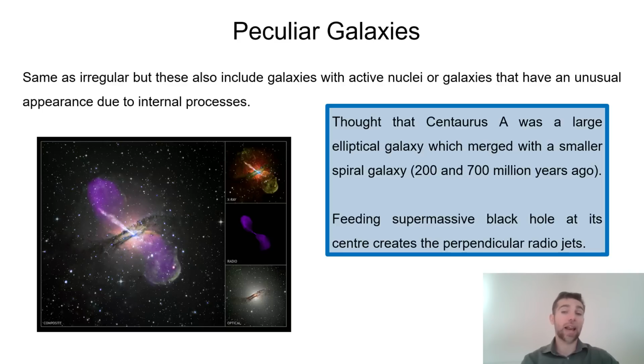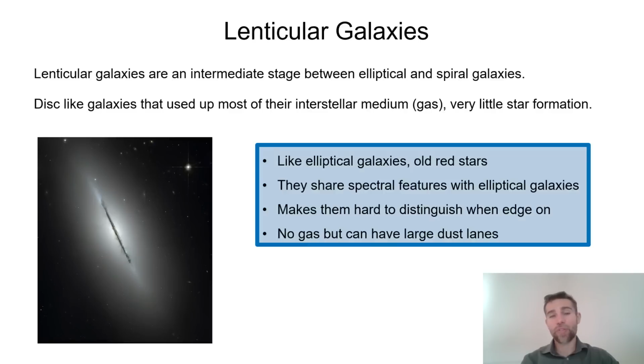We've then got lenticular galaxies, and lenticular galaxies kind of sit in between elliptical and spiral. So a spiral galaxy can kind of evolve to elliptical, then not elliptical, yeah, to lenticular and then elliptical. Now they share properties with both spirals and elliptical. Like elliptical galaxies, they have old red stars. They have very little gas, very little star formation occurring, but they are still a disk galaxy.